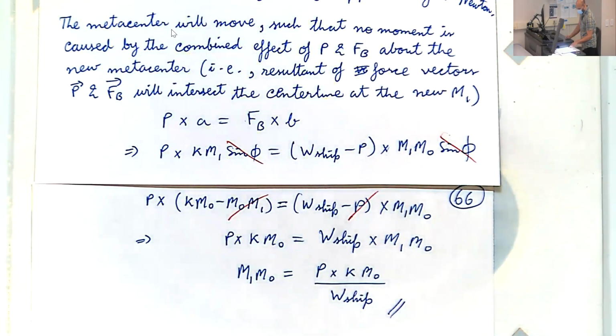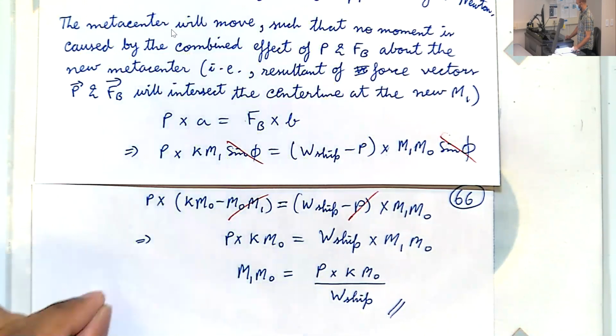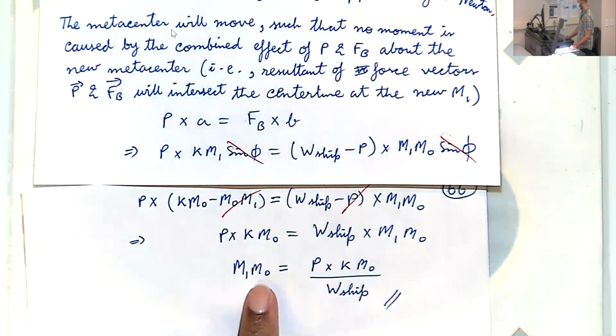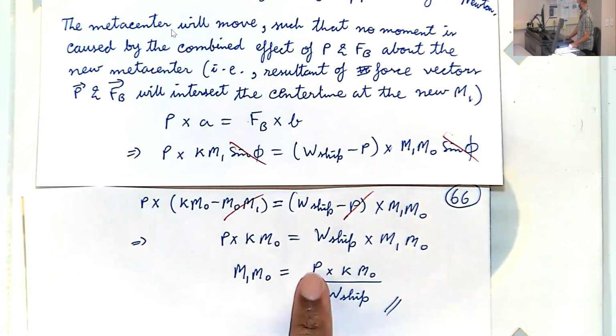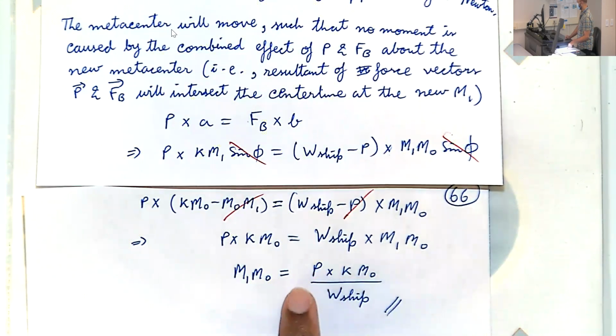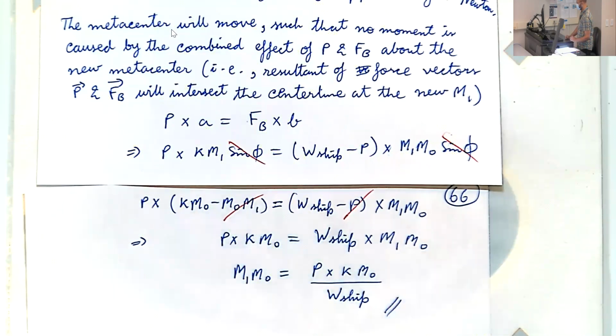Right. So think about what M1 M0 represents. Our original position was M0. How much has it come down to M1? That's the shift in the metacenter. And if we're freely floating, P is 0, then as expected, there should be no shift in the metacenter.